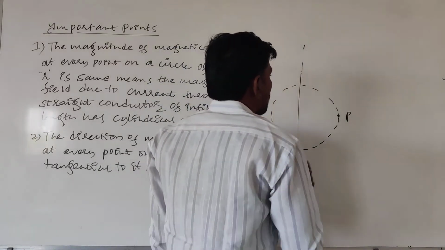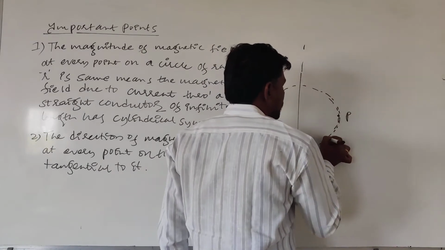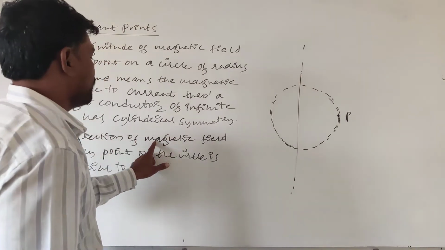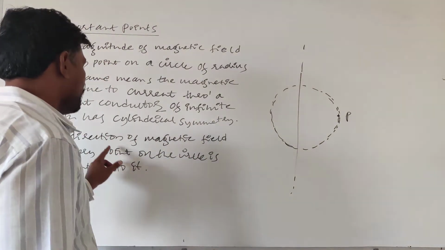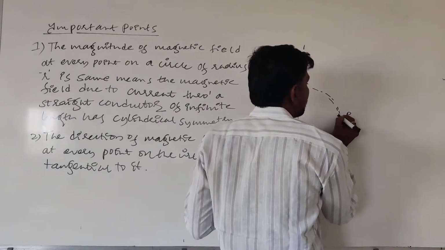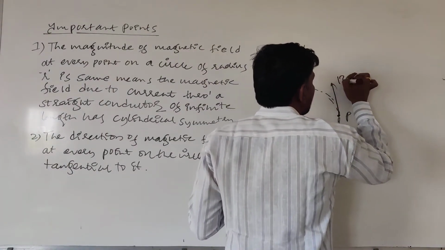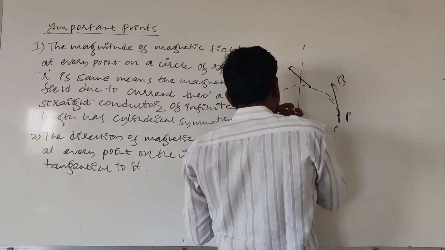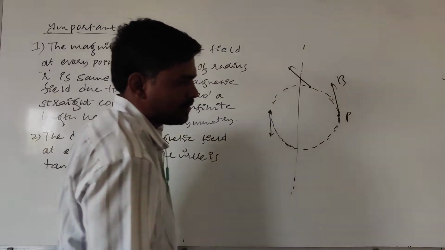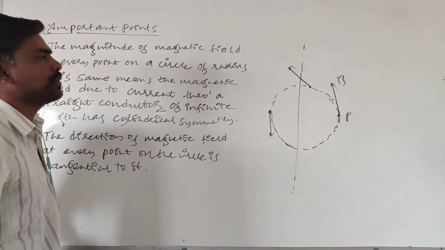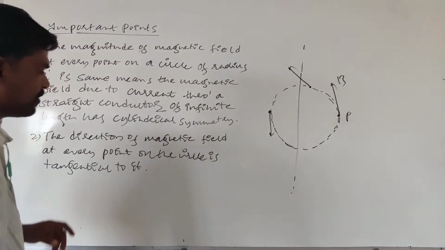Whatever point we consider on this circle, the direction of magnetic field at that point is tangential to it. Whichever point is taken, the field is tangential to it, right?